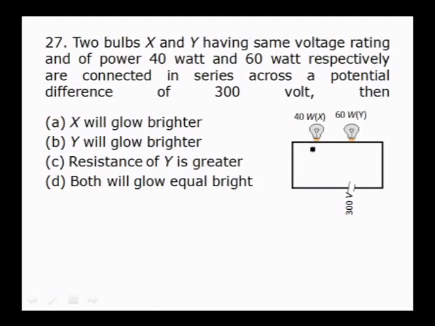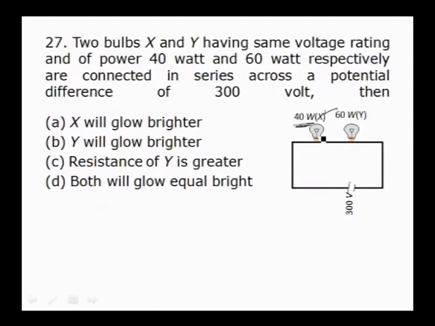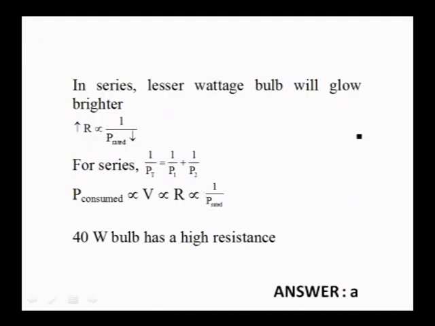When the bulbs are connected in series, the lower wattage bulb will glow brighter. That is the concept. So X is the lower wattage, 40 watt, and Y is 60 watt. Therefore, X will glow brighter. So the correct option for this is A. When they are connected in series, lower wattage bulbs glow brighter than the higher wattage ones.